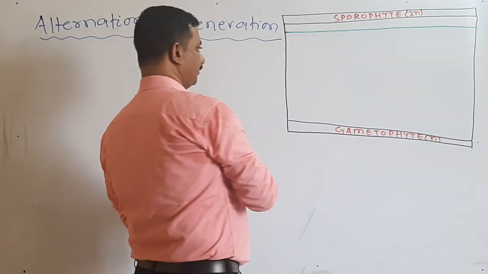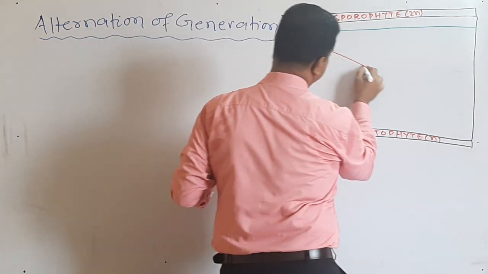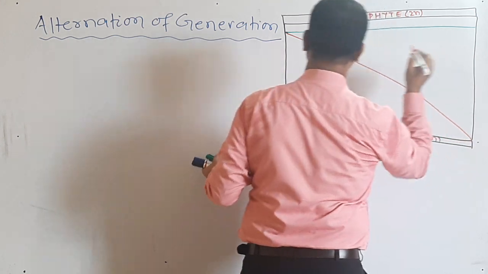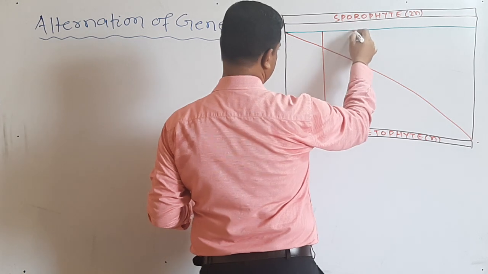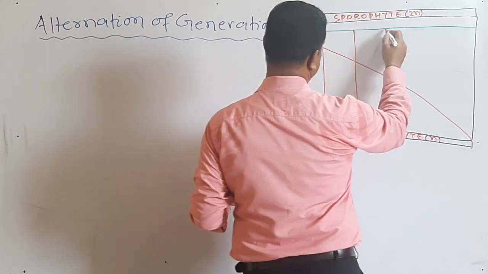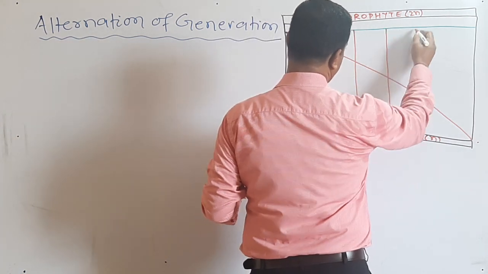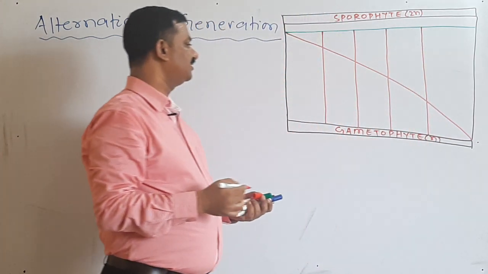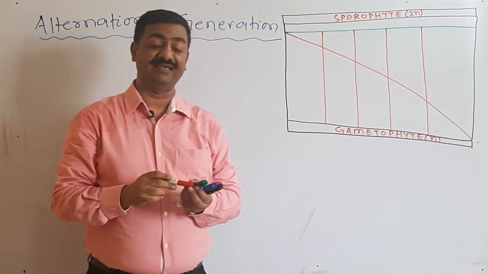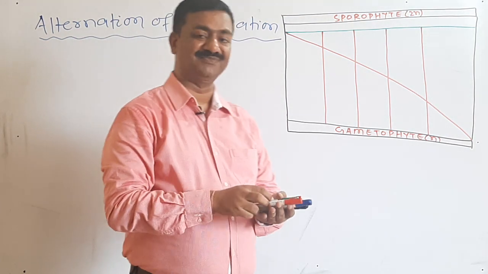We have these different phases. You will get a very good glimpse of all the different types of plant body, starting from algae to angiosperms.